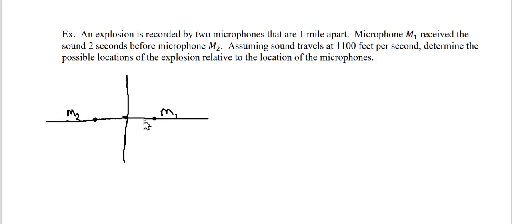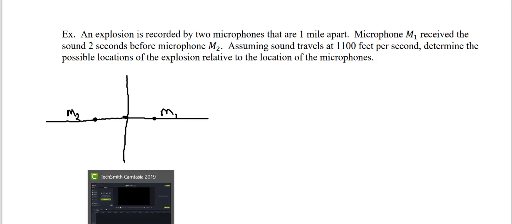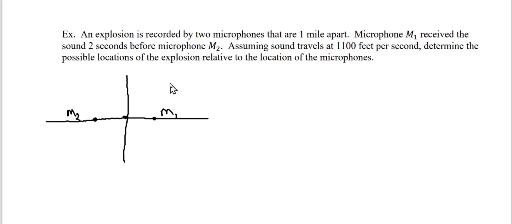So at this point right here is the origin. Microphone M1 received the sound 2 seconds before microphone M2. Let's suppose the explosion is, let's say, here, at some point (x, y).